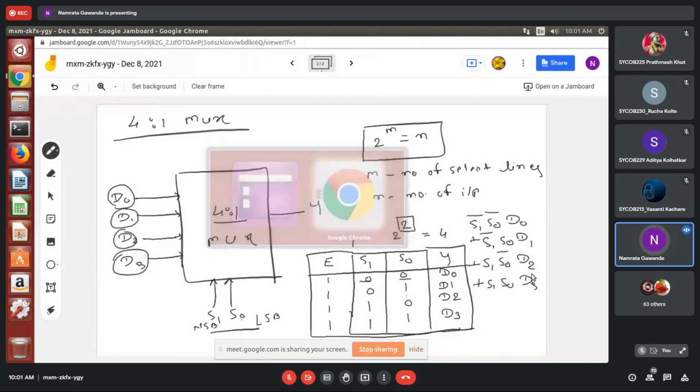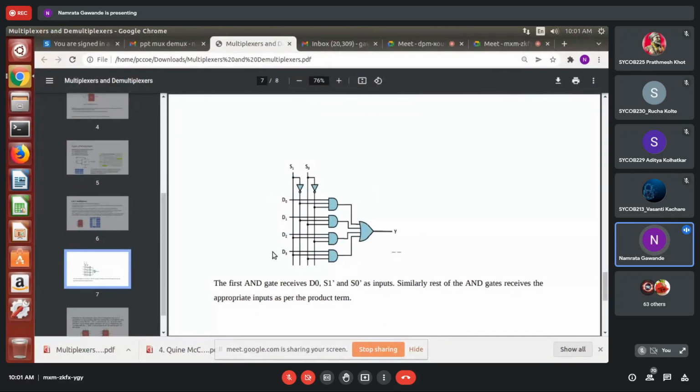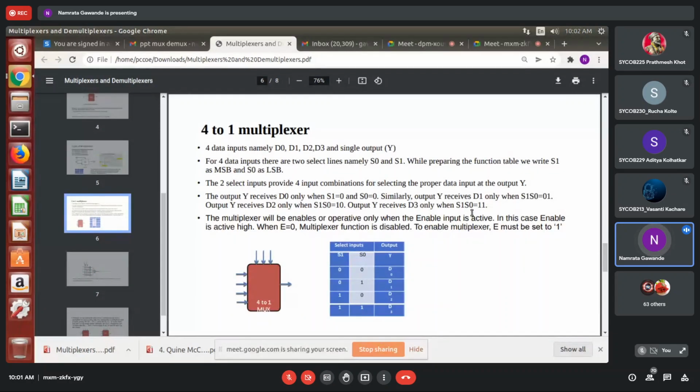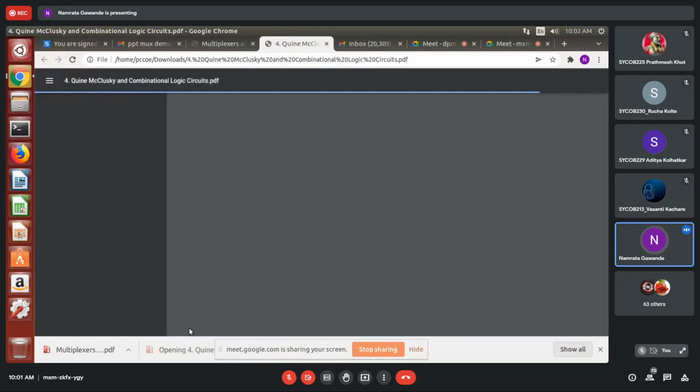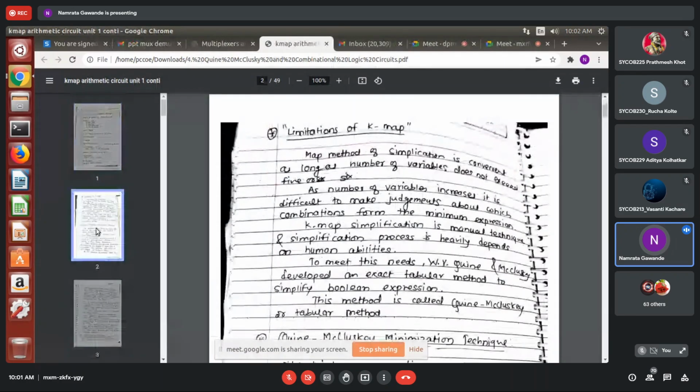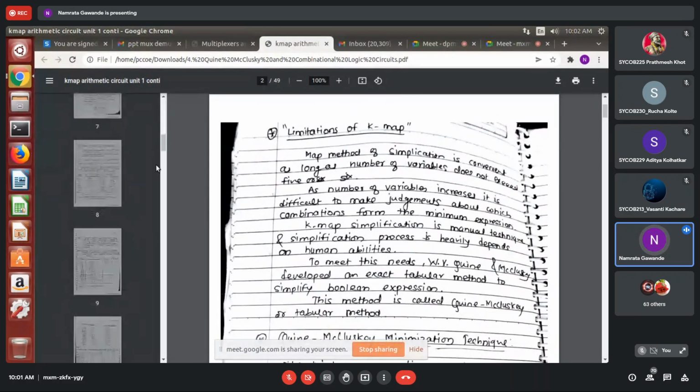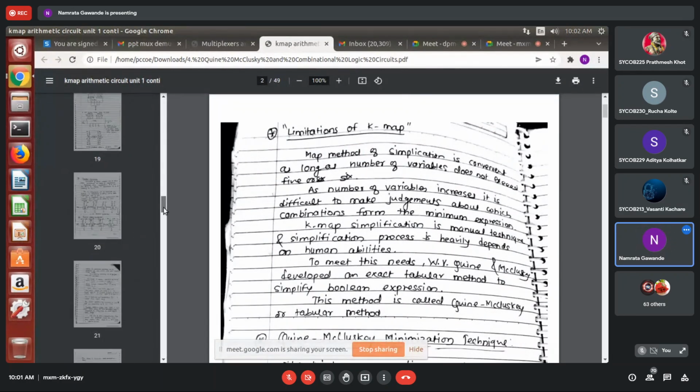From this equation, this particular diagram is given. And this complete explanation is also given over here. So this is the 4:1 mux. I'm just going through these notes also, from where you can read these equations.